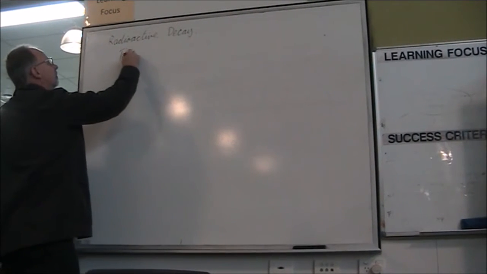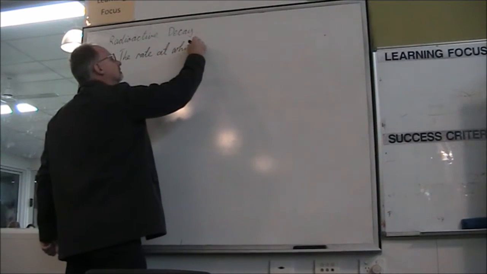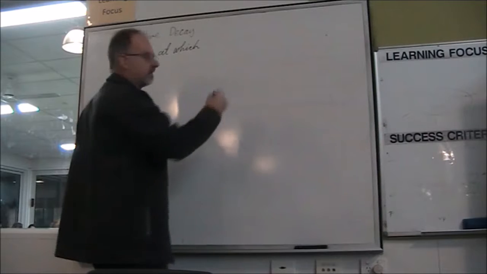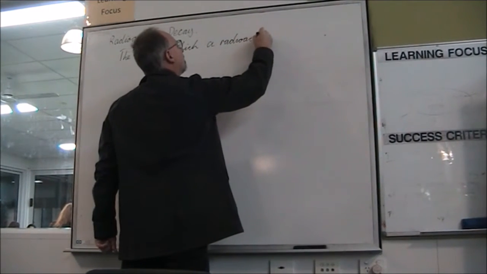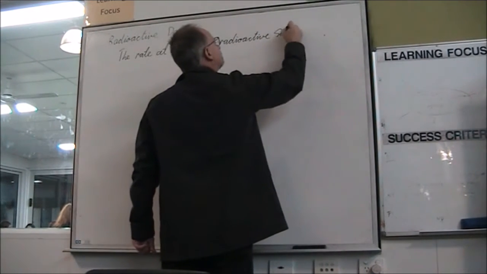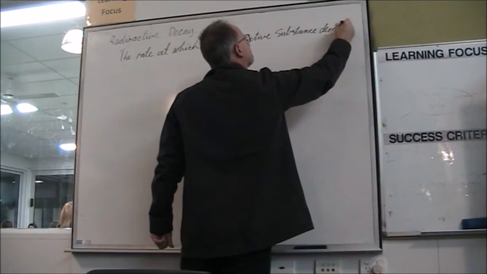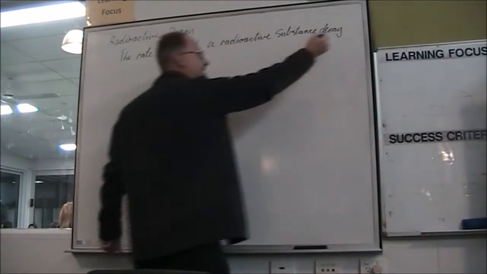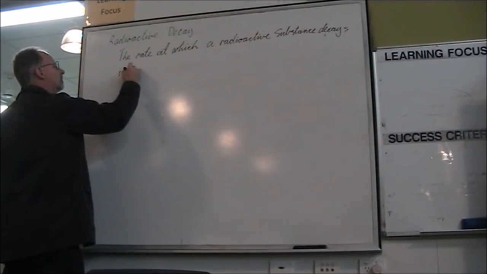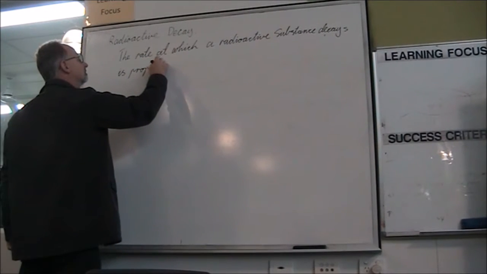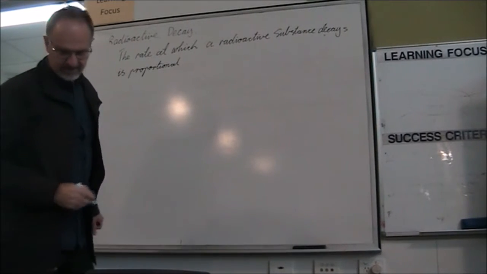So the rate at which a radioactive substance decays is proportional to the mass that's there, the mass remaining.